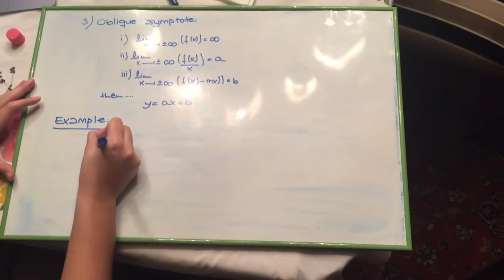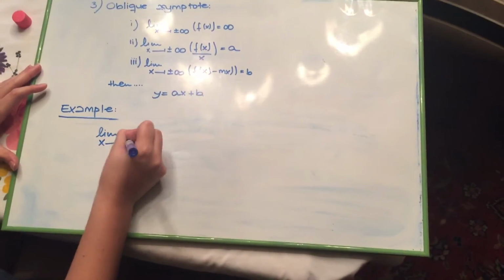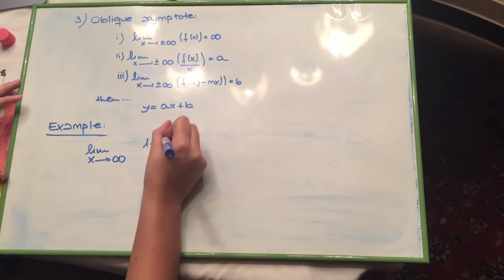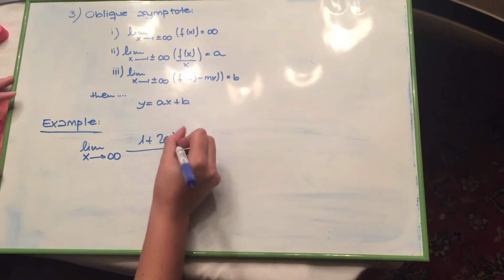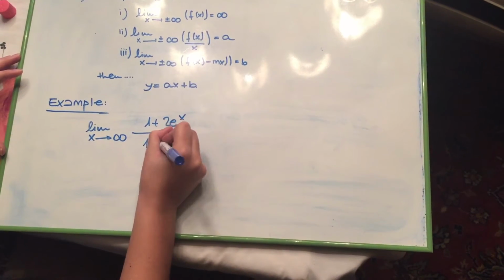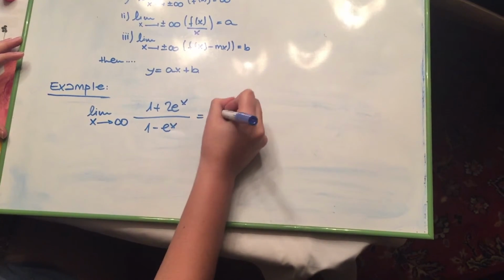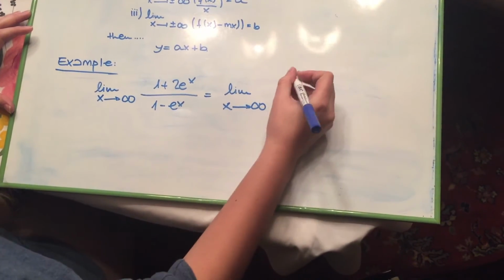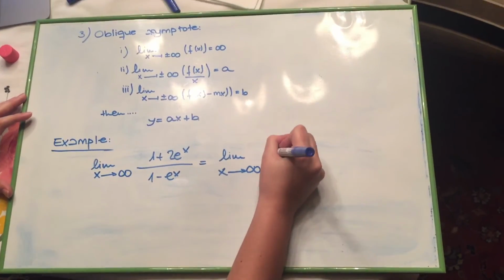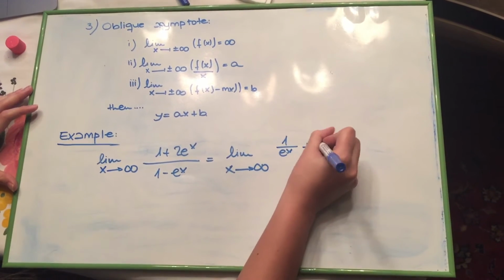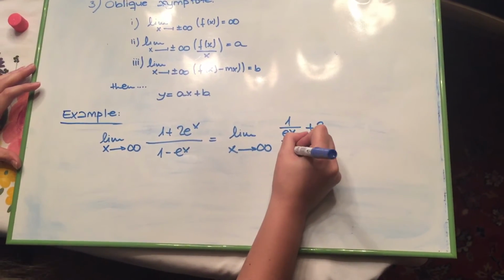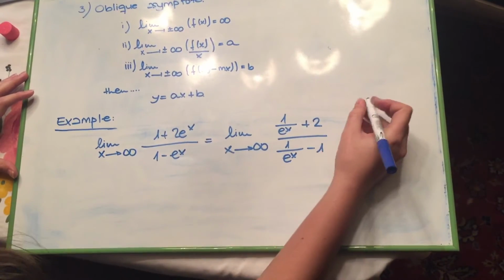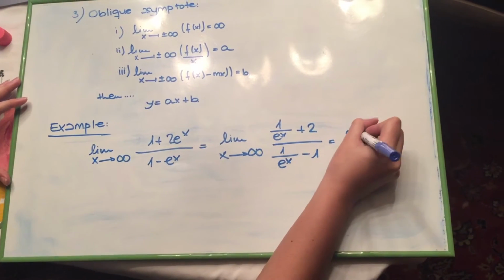Example of an asymptote. The first one: the limit as x goes to infinity of 1 plus 2e to the power of x divided by 1 minus e to the power of x equals the limit as x goes to infinity of 1 divided by e to the power of x plus 2, divided by 1 divided by e to the power of x minus 1, equals 0 plus 2 divided by 0 minus 1, that equals minus 2.